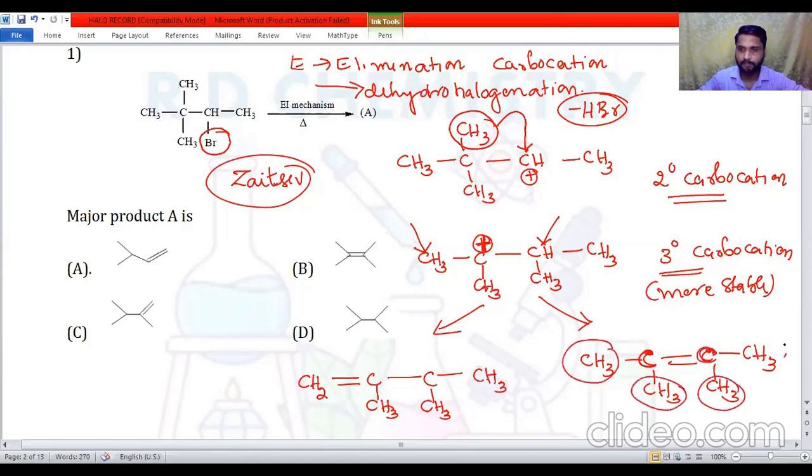Therefore, this is the major product and more stable product. So it is a more stable alkene. This structure can be written as a carbon-carbon double bond, and each double bonded carbon atom attached to methyl groups can be written like this. Therefore, answer is option number B.